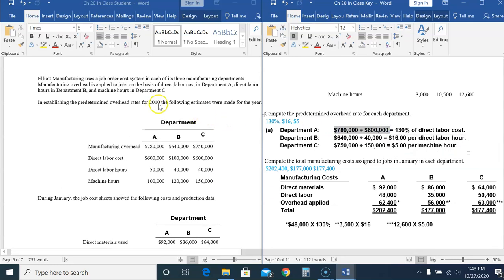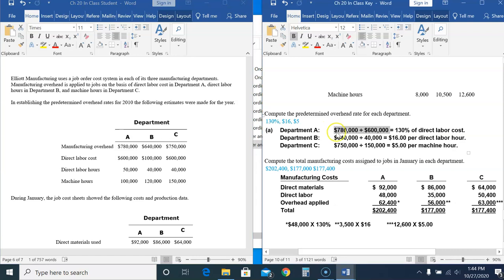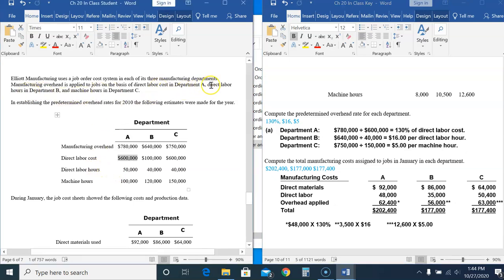For Department A, the cost driver is direct labor cost. So I take the total estimated overhead divided by the total estimated cost driver. If I divide dollars by dollars, I end up with a percentage. Predetermined overhead rate for Department A, 130% of direct labor cost. Department B, cost driver is direct labor hours instead of dollars.